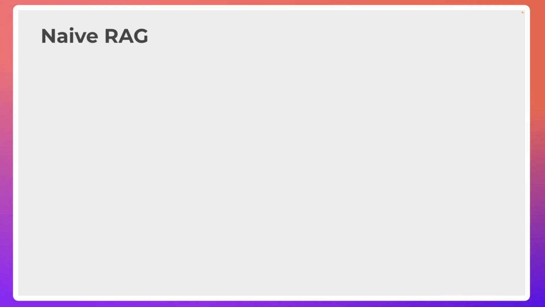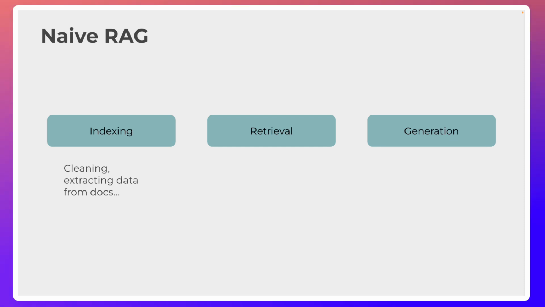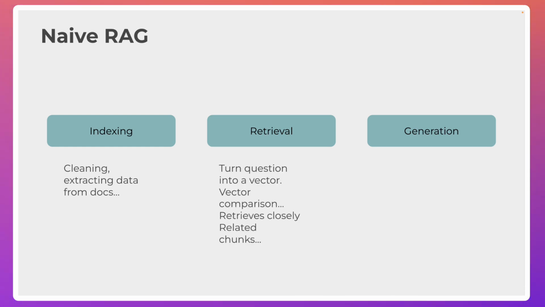So naive RAG is the most simple, straightforward way of dealing with large language models. Essentially, it has indexing, retrieval, and generation. Indexing is the process of cleaning up and extracting data from the documents, just like we saw earlier. Then we have the retrieval. This is the part where we turn questions into a vector space, and that's what's used for comparison, which allows us to retrieve closely related chunks.